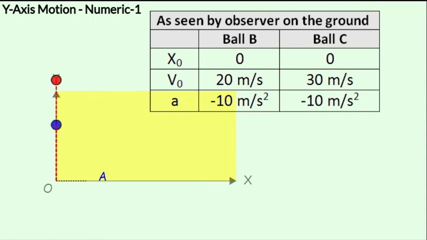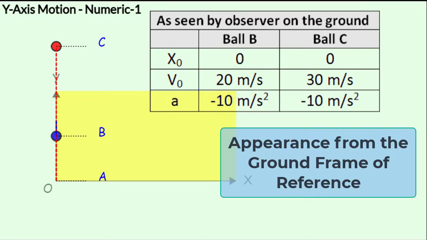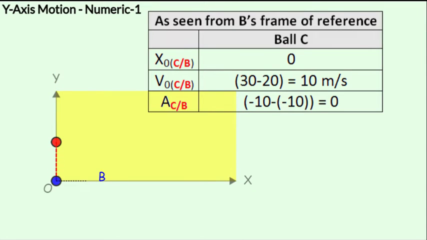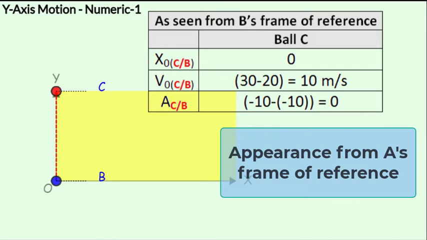Now this is the appearance for the observer on the ground. Now let's see what this appearance would be for B, as B is now an observer who is not only in motion but is accelerating as well. Now ball B thinks it is at rest and measures the displacement, velocity and acceleration of C with respect to itself.